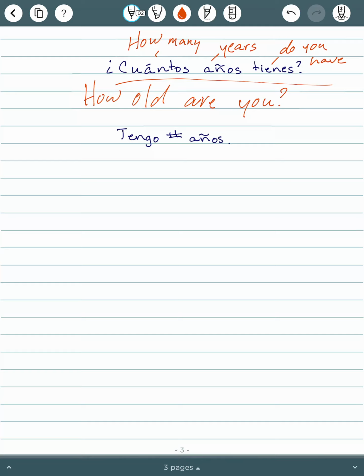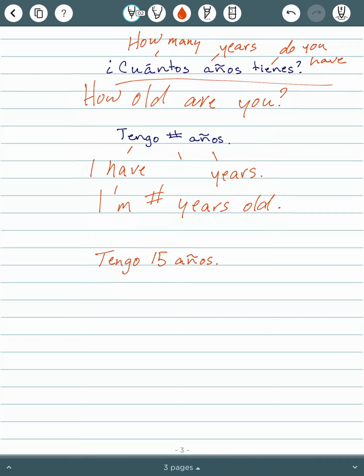So if the question literally is how many years do you have, the response literally is I have however many years. And then we would translate this as I'm however many years old. So practice that. If you are 15 years old, then yes, you can write it like this.